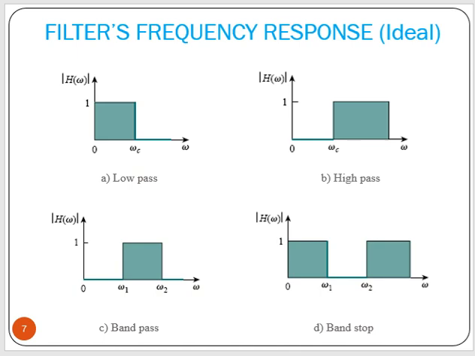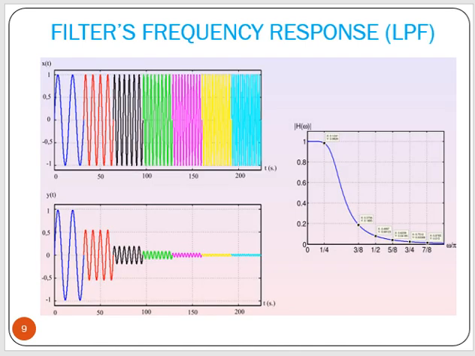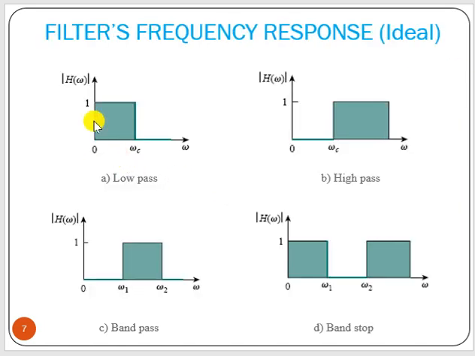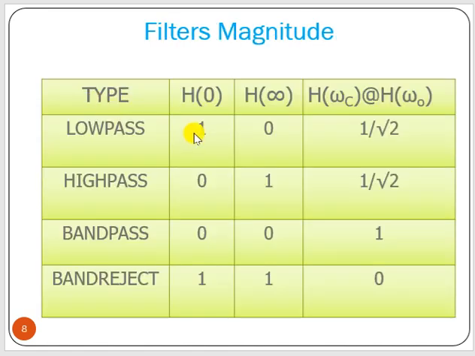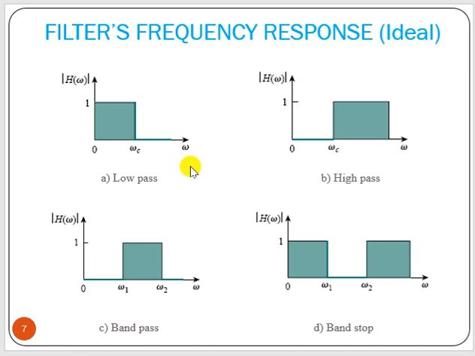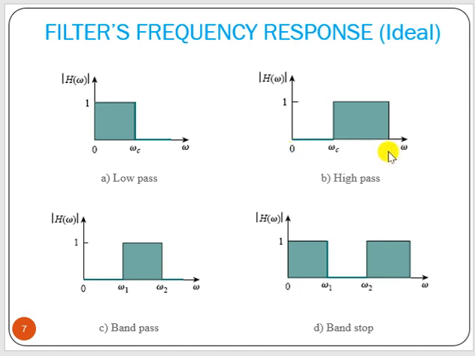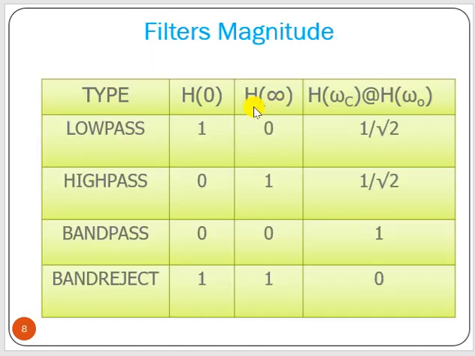Okay. Now, for magnitude, what will be the value? For low pass, at omega equal to 0, the value is 1. And for omega equal to infinity, the value is 0. And for high pass, at omega equal to 0, the value is 0, and at omega equal to infinity, h of infinity is 1.